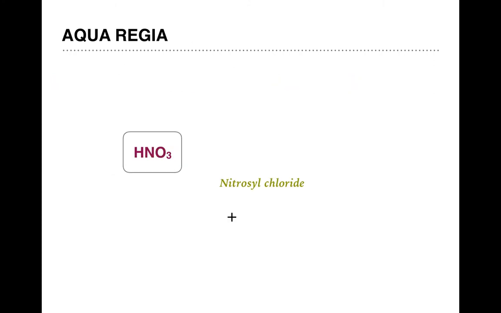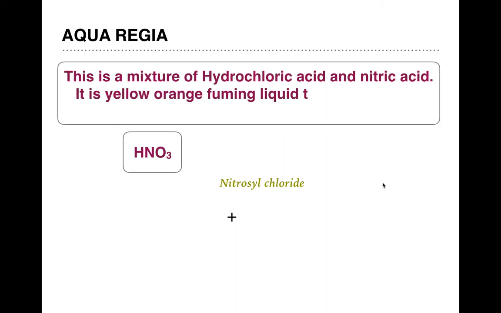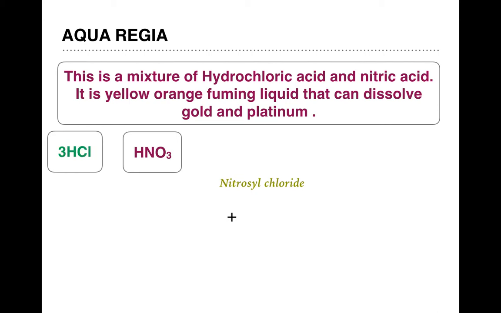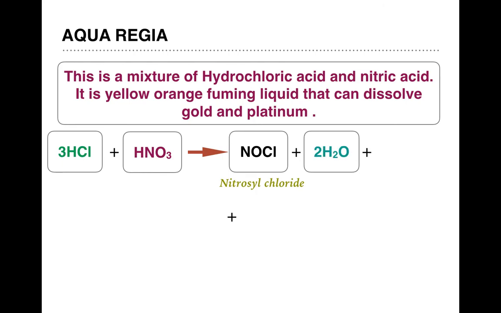The next part is aqua regia. This is a very important question, so we have to understand that this is a mixture of hydrochloric acid and nitric acid. It is a yellow-orange fuming liquid that can dissolve gold and platinum, right? So 3HCl plus HNO3, this mixture is called aqua regia. We'll have nitrosyl chloride, NOCl, water and chlorine.